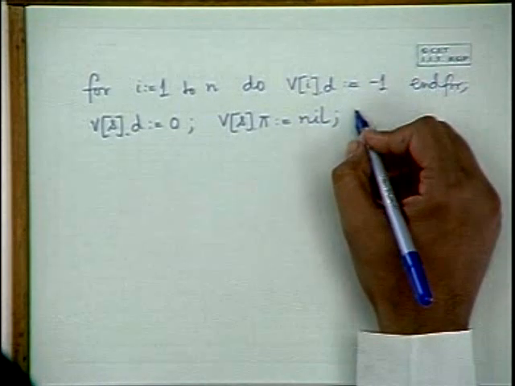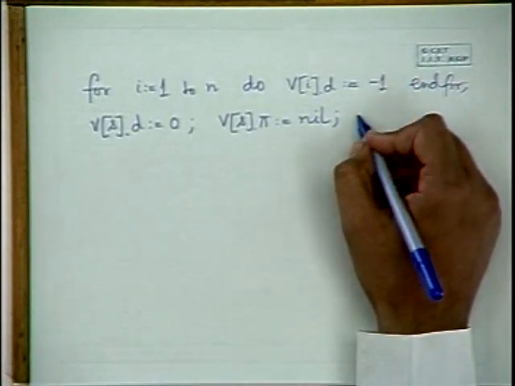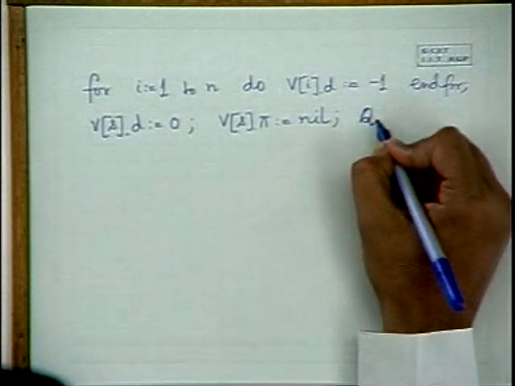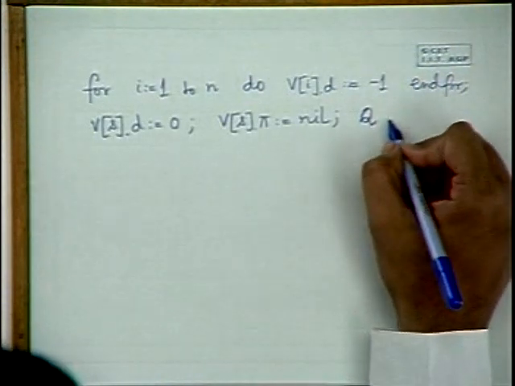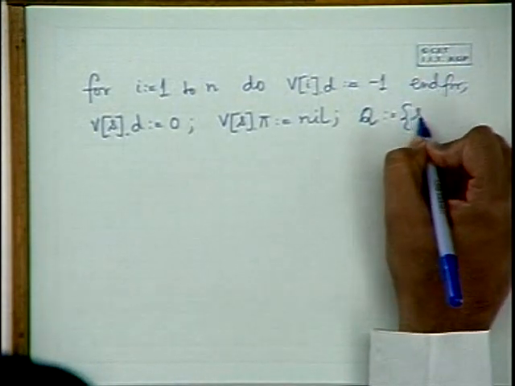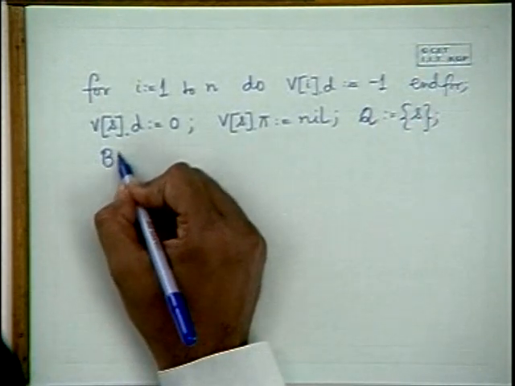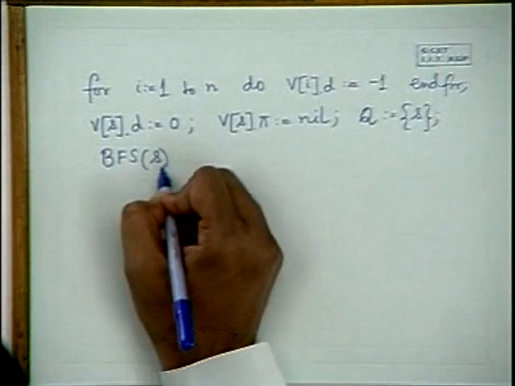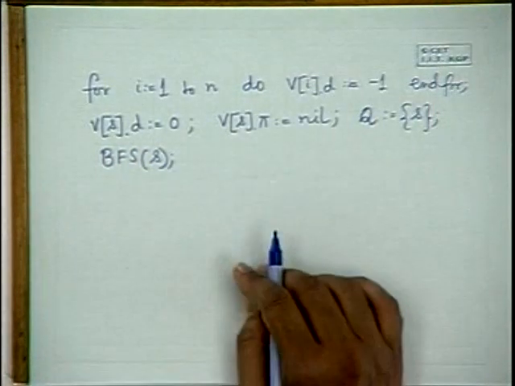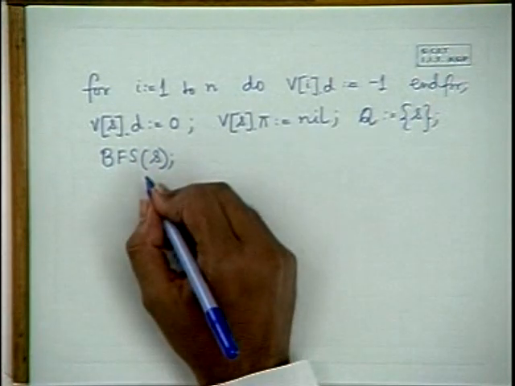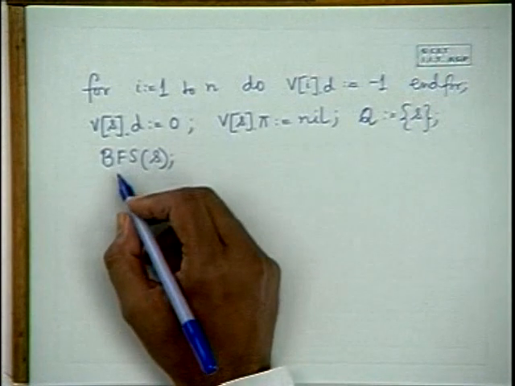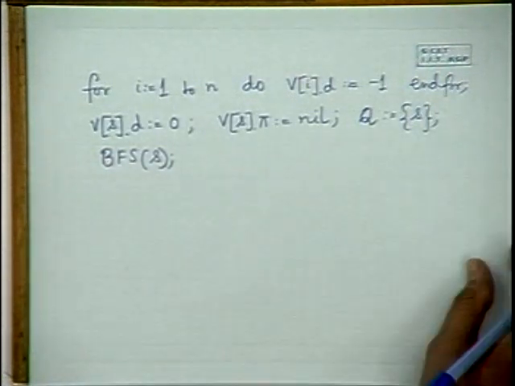Then we initialize a queue. The data structure queue I am just denoting with Q. Q is equal to initially the starting vertex S. Then we call BFS with this starting vertex S. Now this BFS will be a procedure which I am going to write in the next slide.